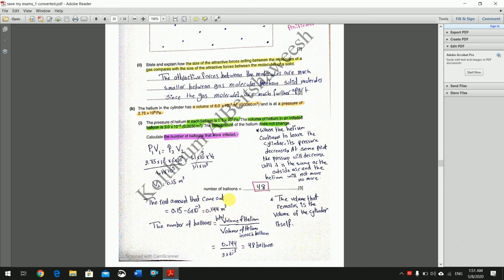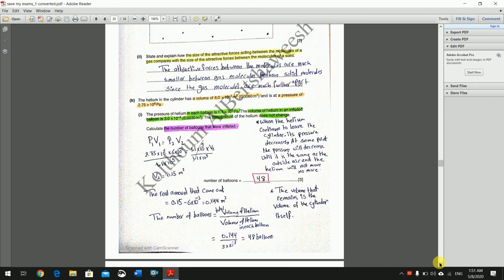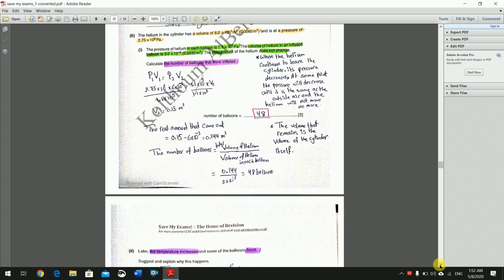So this is the real amount that came out. So we divide the real amount over the volume of the helium in each balloon, which is 3 times 10 to the power of -3 meter cubed. So we will end up with 48 balloons. If you don't do this, you will get it wrong by 2 balloons, so you will not get the 48 balloons. So this is actually a question with a tricky idea that you have to pay attention to.